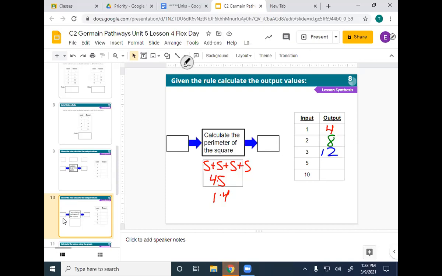Ooh, Tiana's ready. What's going to be? 20. Very good, because we do what to get that value? Multiply by 4. Woo! And then lastly, a side length of 10. Avery? 40. It's going to be a 40 centimeter or whatever perimeter. Very good. Ooh. You guys are fierce. I thought I was going to get you. I wrote that one intending to trick you, but it didn't work.